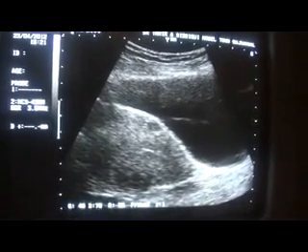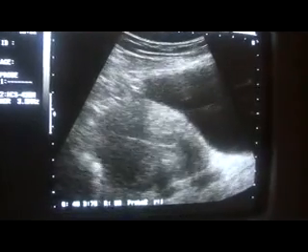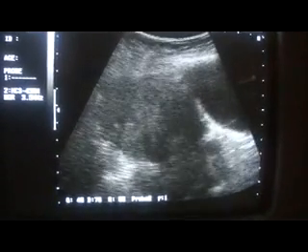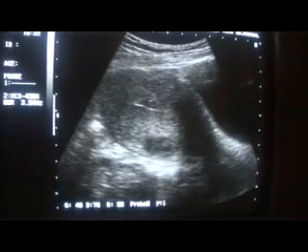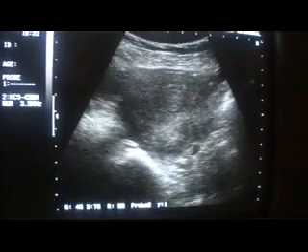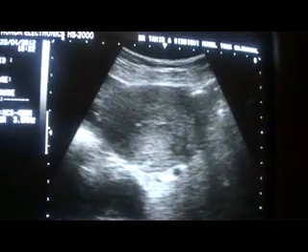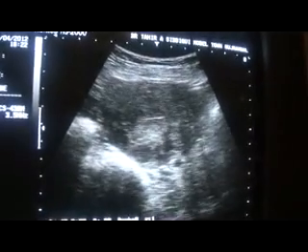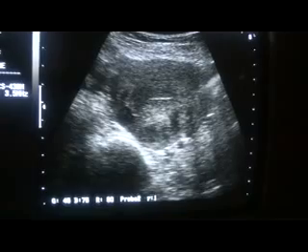Now this fibroid is definitely giving mass effect on the endometrial canal of the uterus. And as you can see, there are multiple, one more.